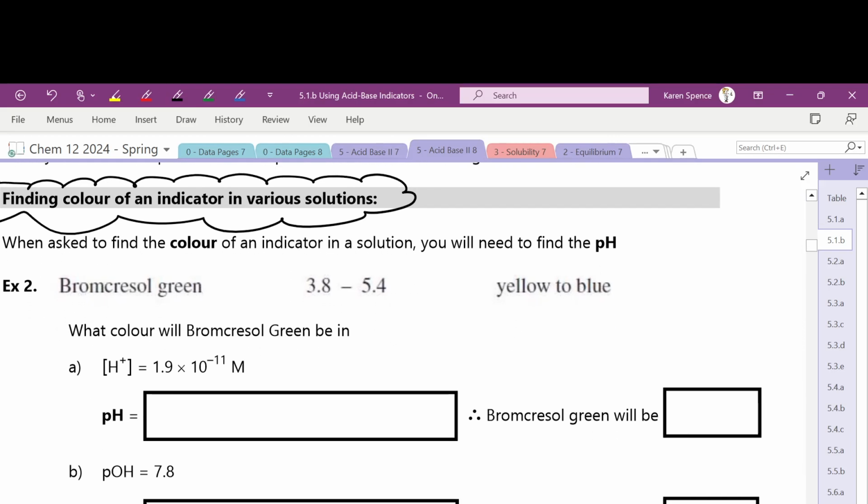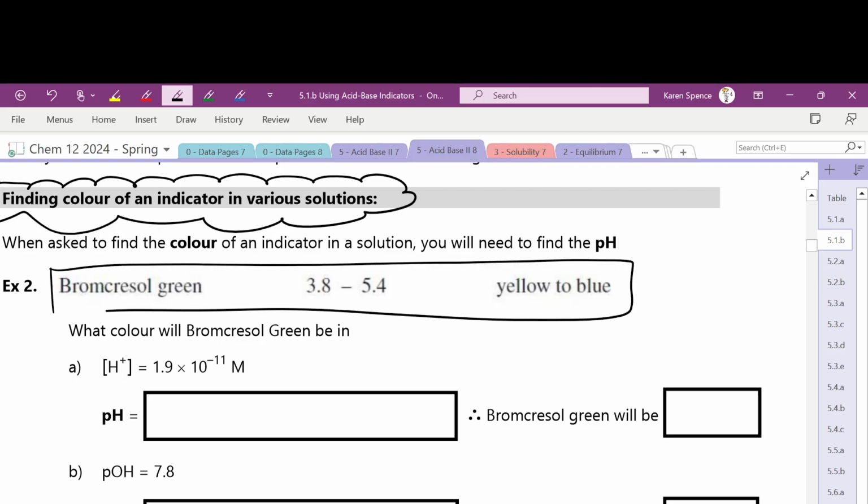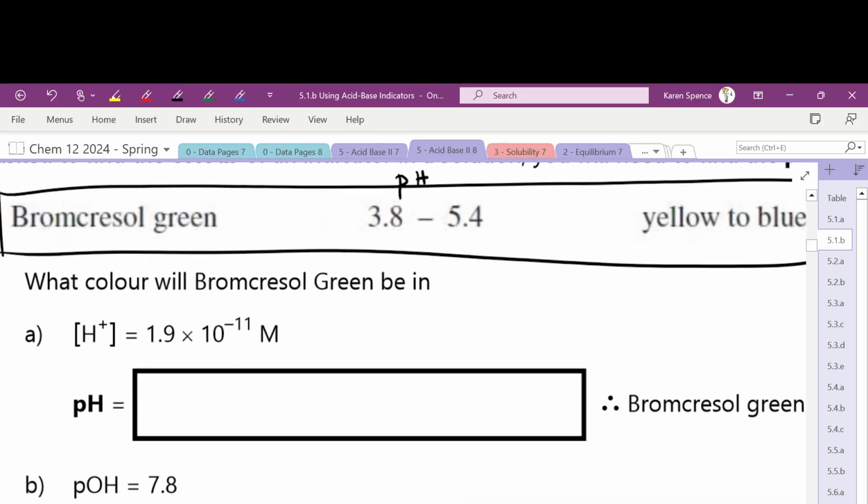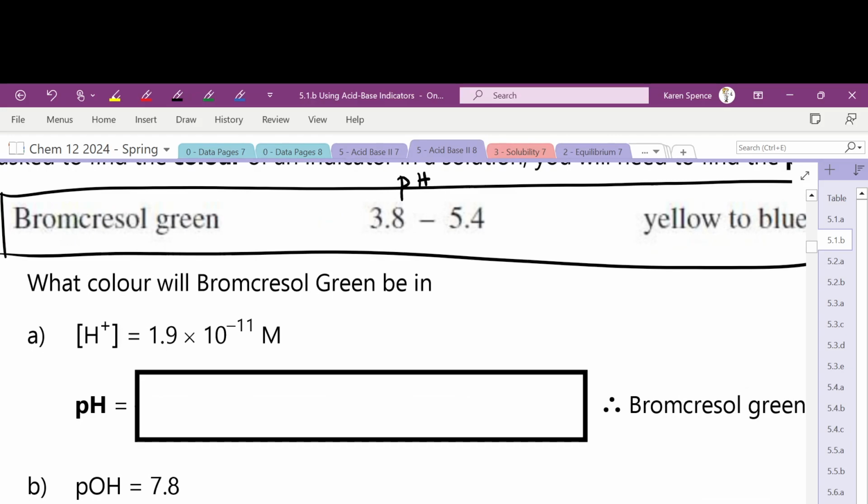So if I say we have Brom Cresol green, and it changes from pH 3.8 to 5.4 from yellow to blue, if our hydrogen ion concentration is 1.9 times 10 to the minus 11, what color will Brom Cresol green be? I bet you guys could do that one.